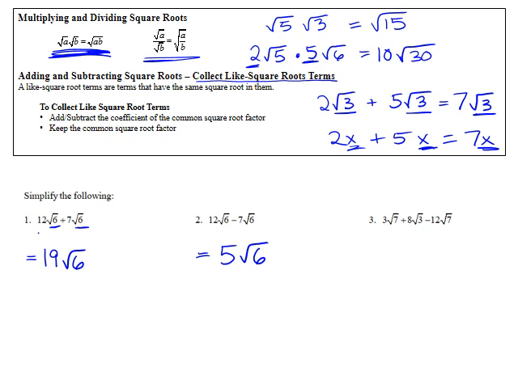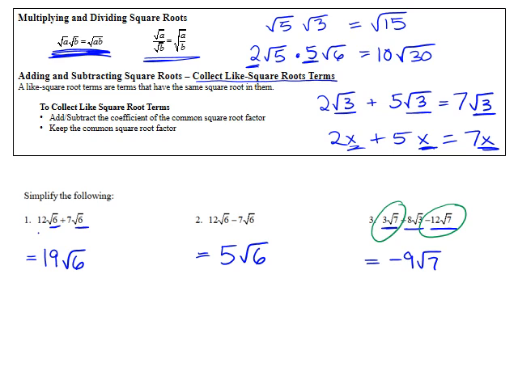Now in the next example, we have three terms. We have 3 square root of 7 plus 8 square root of 3 minus 12 square root of 7. In this example, the square root of 7 terms are like, but they're not like the square root of 3 term. So we can add those two that I've circled to get negative 9 square root of 7.